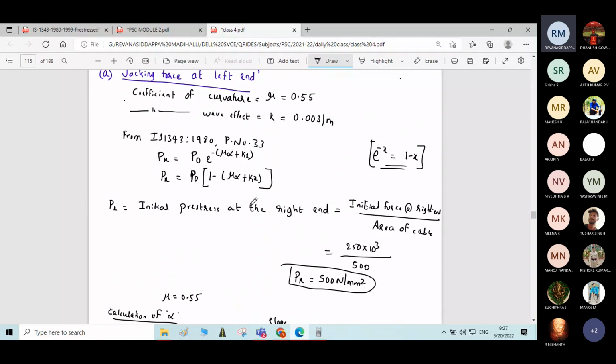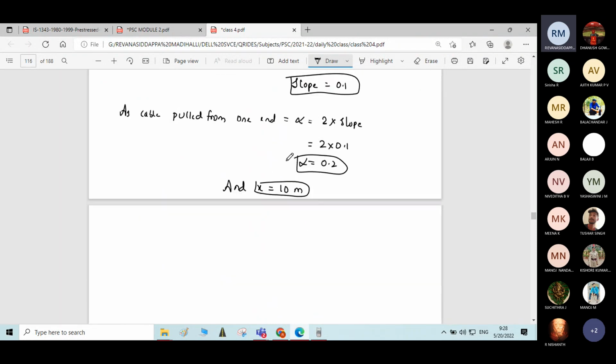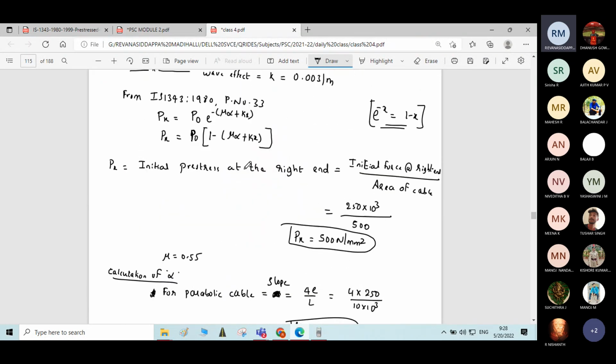Now you substitute everything, you will get the P naught. K is equal to 0.003. You call this equation number 1.